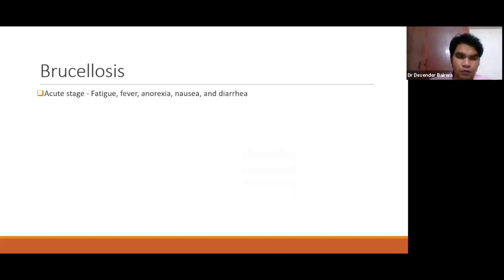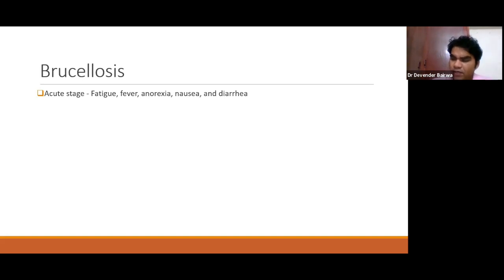In the acute stage, they generally present with fatigue, fever, anorexia, nausea, and diarrhea. Brucellosis, as we know, is a zoonotic disease. Basically, the infection spreads from animals. There will be infection in cattle, and it passes through either infected milk or handling of these animals.